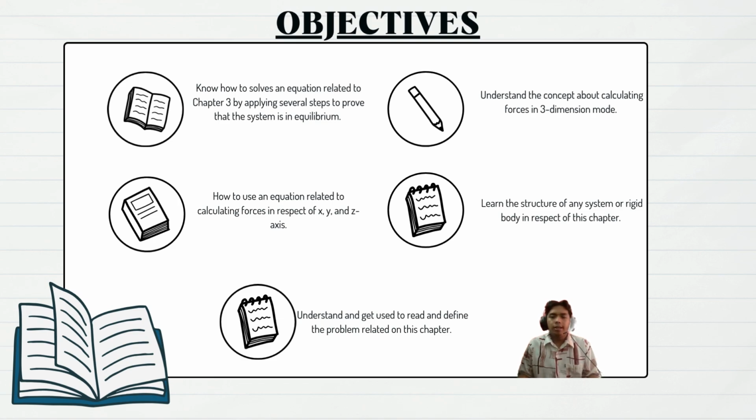So, the main objectives for this study are, first, to know how to solve equations related to chapter 3 by applying several steps to prove that the system is in equilibrium.